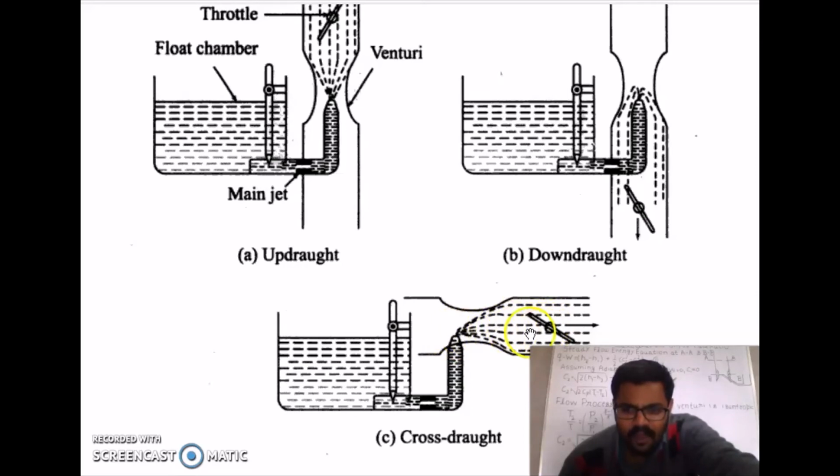So why this carburetor is beneficial, because you can eliminate a 90 degree turn. In the other carburetor there is a 90 degree turn to the engine, but in this carburetor you can eliminate one right angle turn. So this is the first category of your types of carburetor.